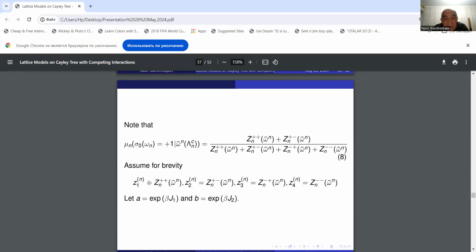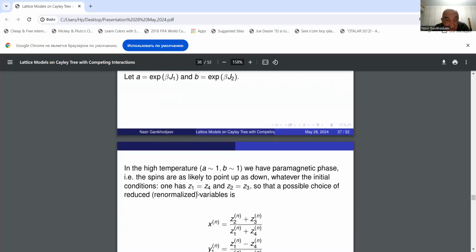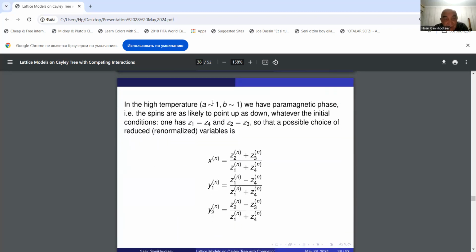So for brevity, I will introduce new variables. Let A be exponent beta g1, and B exponent beta g2. These are parameters which will depend on temperature and the spin interaction parameter. So in high temperature, when our matter will be like a gas, we have the paramagnetic phase.